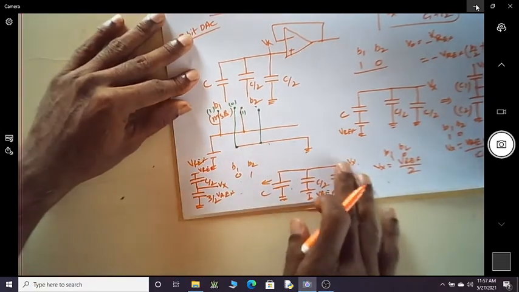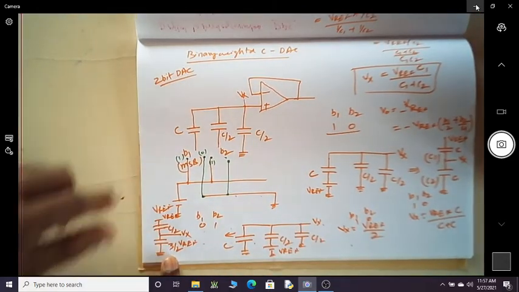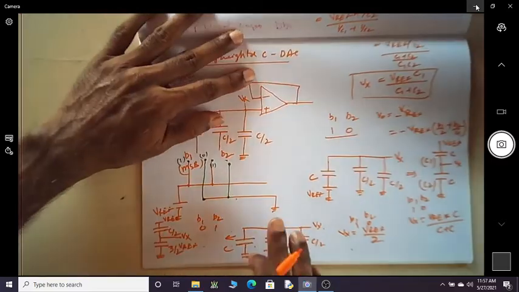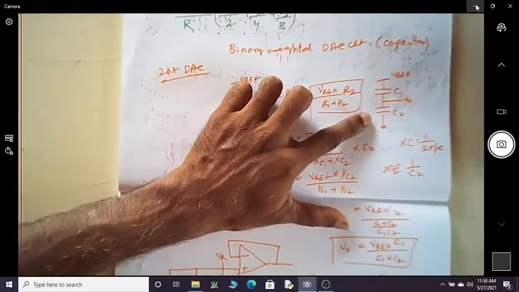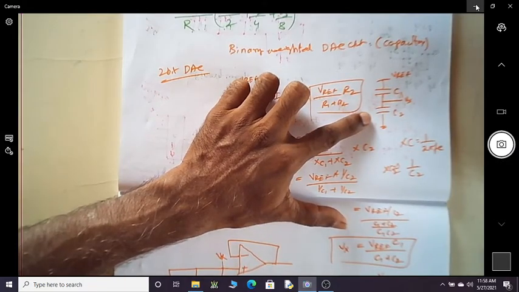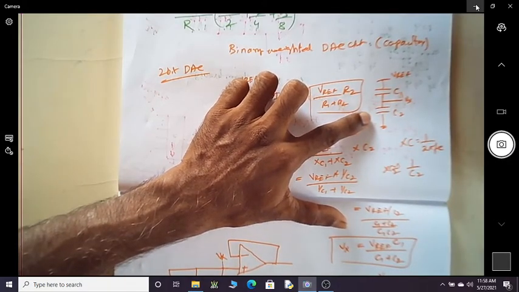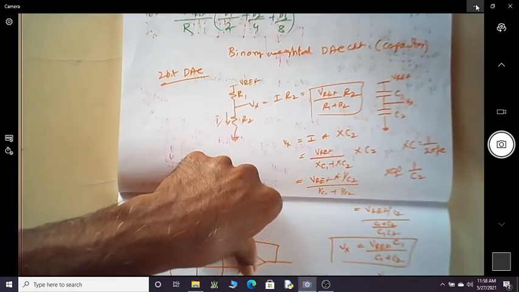So do we have this as the combination, which is equivalent to this now? I have a capacitance C2 whose value is 2 by 3 of C, and this is C by 2. So what is Vx now?